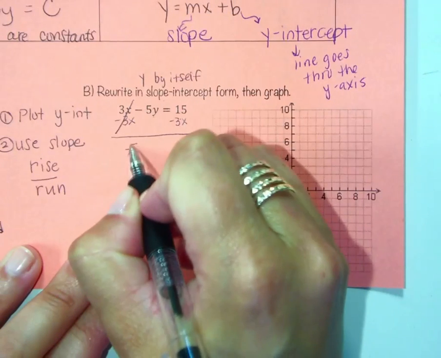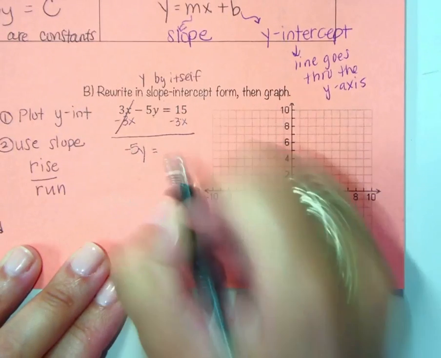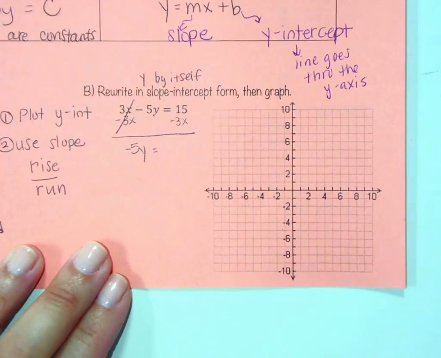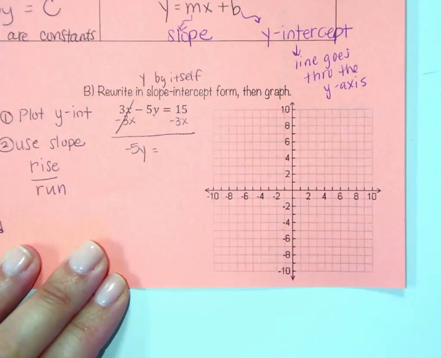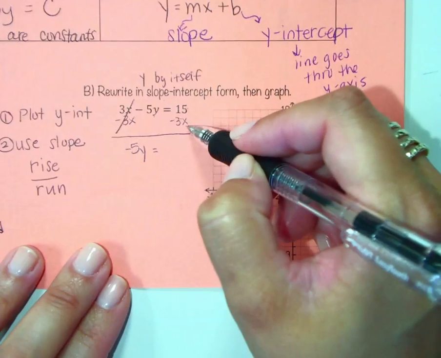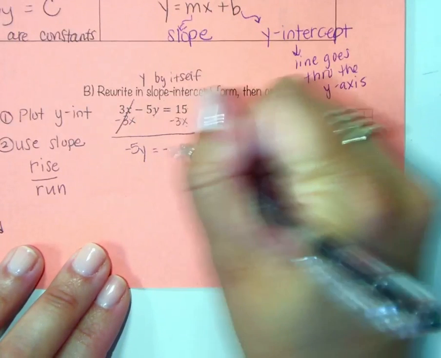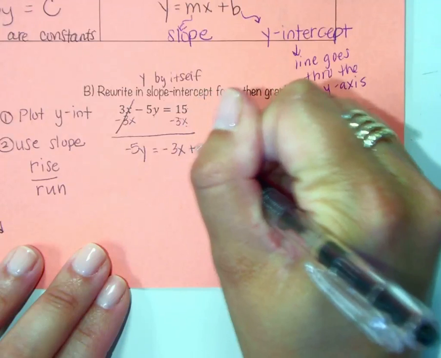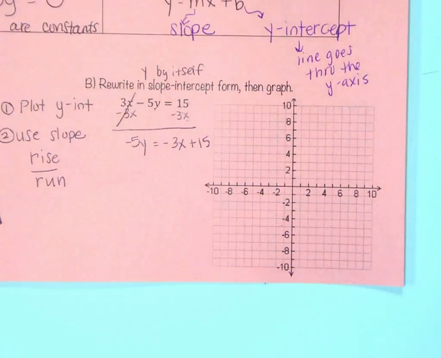Once we do that, we are left with negative 5y. Then we bring down our equal sign. Now we have a 15 and a negative 3x. These are not like terms, so we are just going to write negative 3x plus 15.